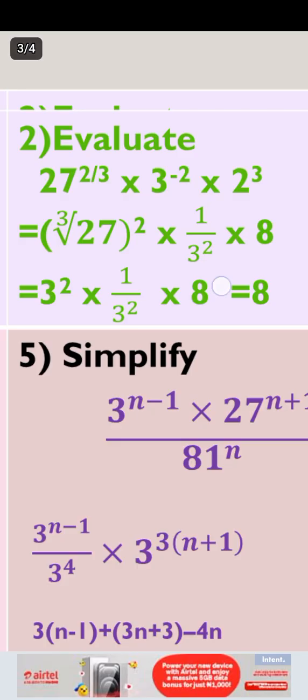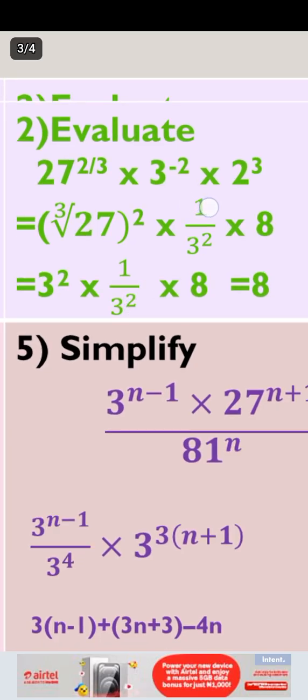Any number raised to a negative index is the reciprocal of that number, so we have 1 over 3 squared. Then it becomes 3 raised to the power 2 times 1 over 3 raised to the power 2. 3 raised to the power 2 cancels 3 raised to the power 2. Here becomes 1. And what you have now is 8. So the answer to that expression is 8.